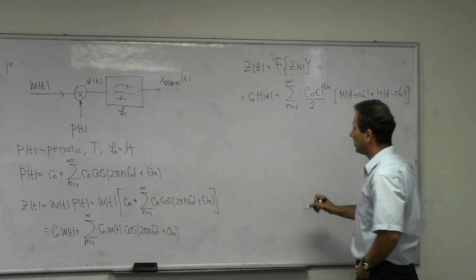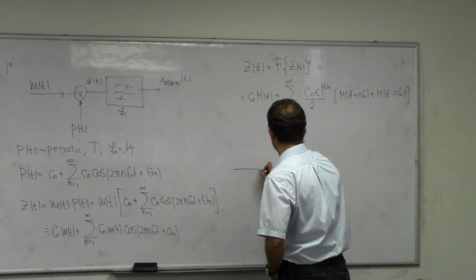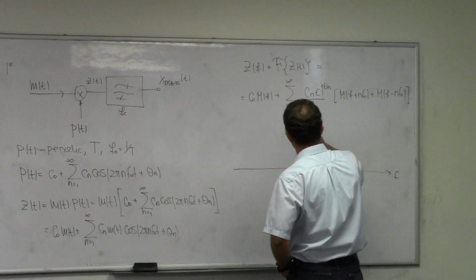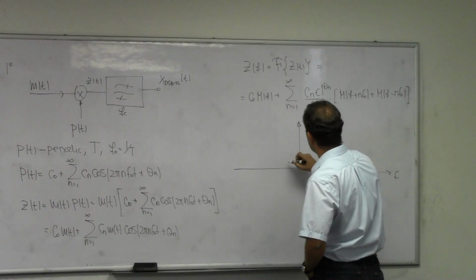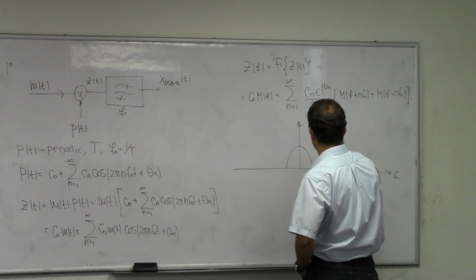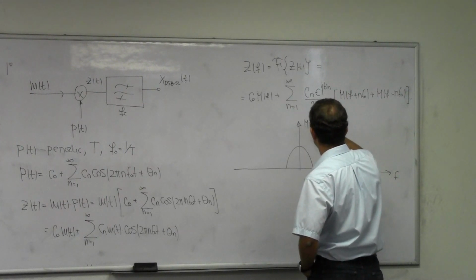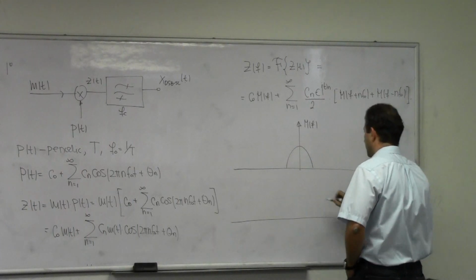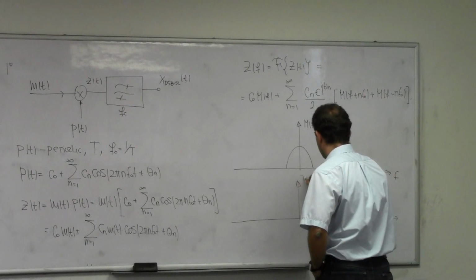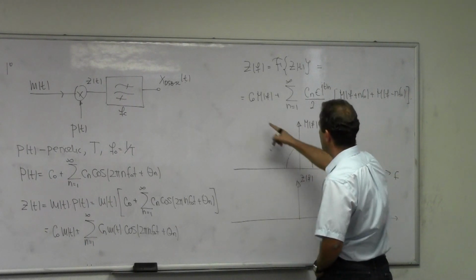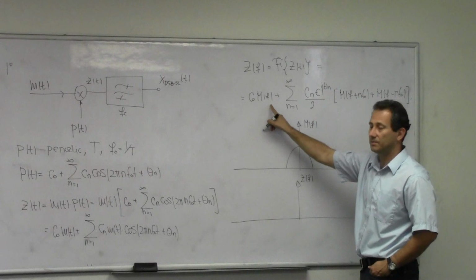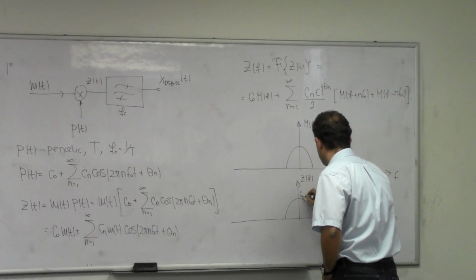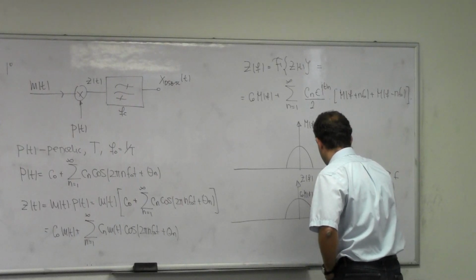So let me plot the magnitude spectrum of this signal. This is frequency. This is the magnitude. Let's say this is M of f. And let's just look at Z of f here. I have my M of f back multiplied by C0. So there is this guy, C0 M of f.